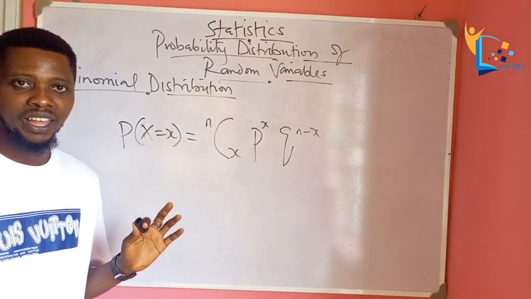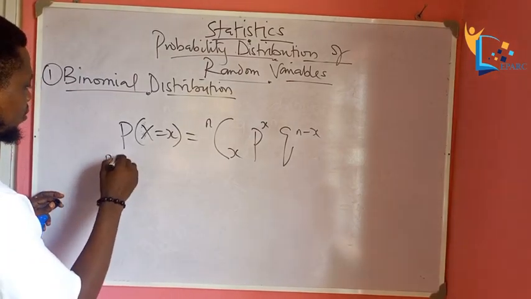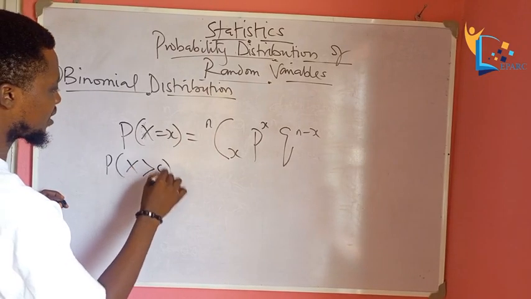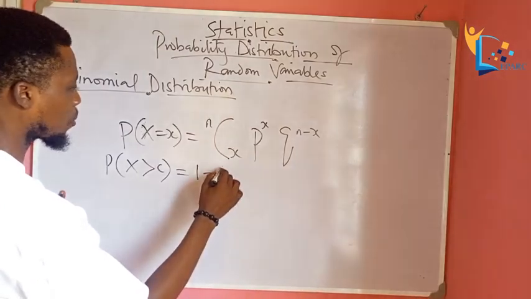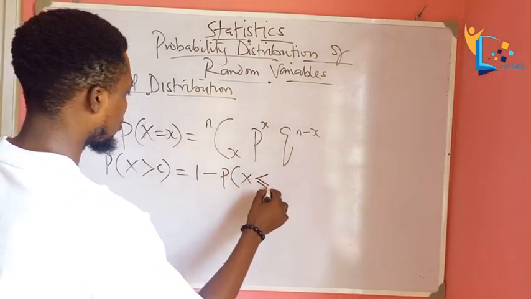Now, for the binomial distribution and other discrete variables, there are basic concepts that will help us understand how to solve them. Let's have P(X greater than c), which is the same thing as saying 1 minus P(X less than or equal to c).